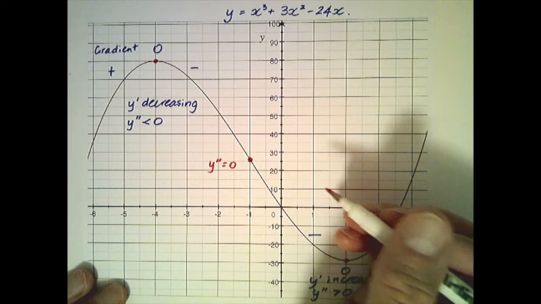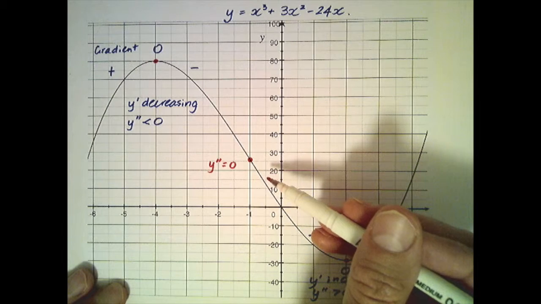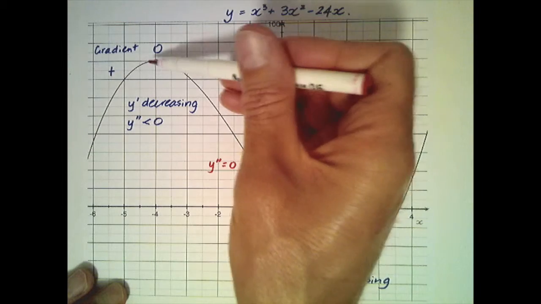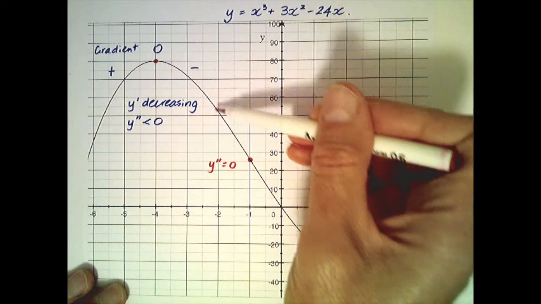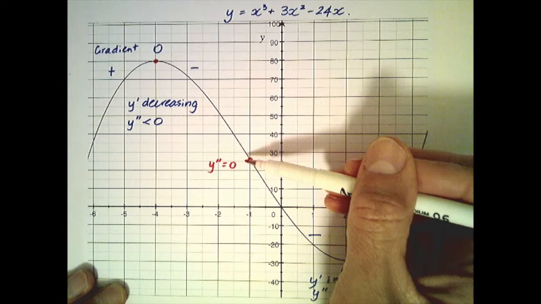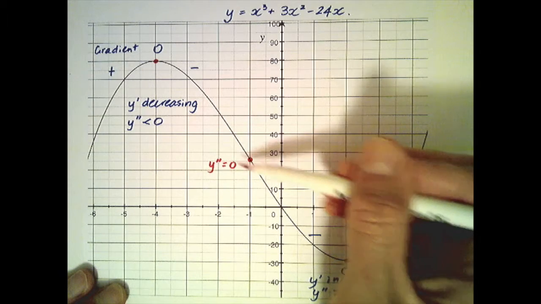Now, whilst it's not immediately obvious by looking at the graph, that's the point where the gradient, or the first derivative, is at its extreme. We can see here the gradient is negative, and it's becoming more negative as we move left to right. And at this particular point here, the graph is at its steepest. So the gradient, or derivative, is at its least, the most negative it actually can be in this region.